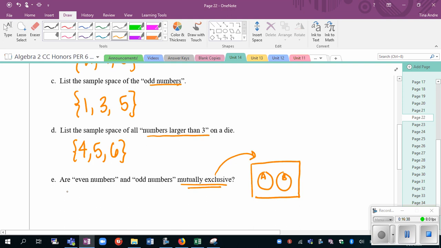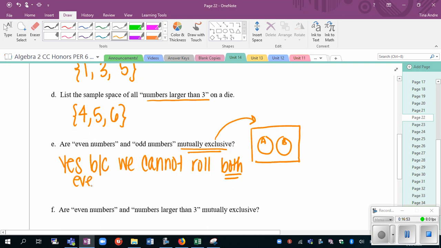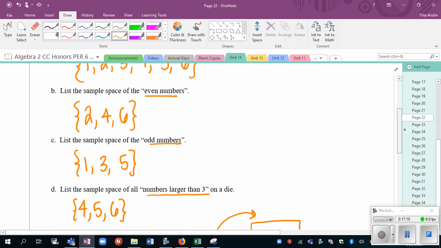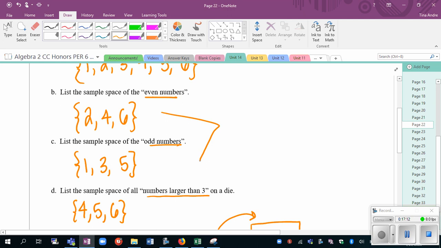So for this, I'm going to say yes, because we cannot roll both even and odd at the same time. And if you look at it from a sample space point of view, there's nothing in common between those two sample spaces.